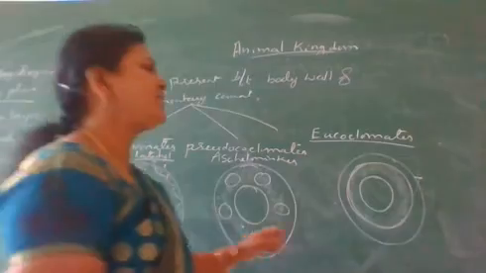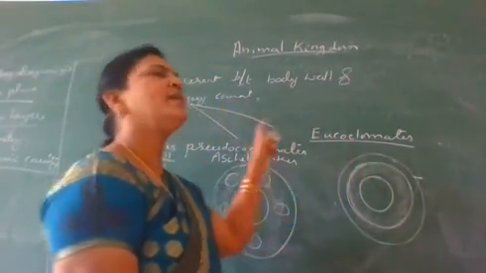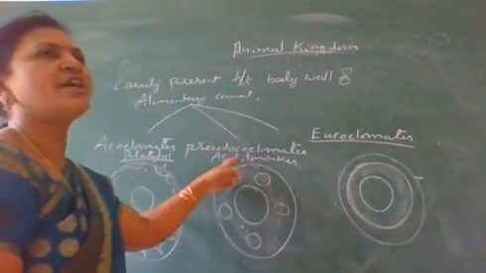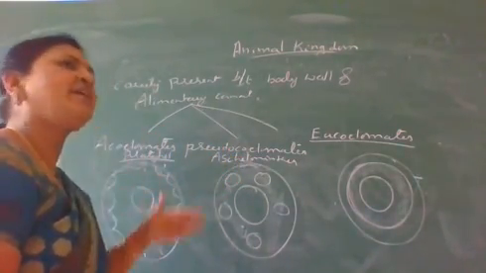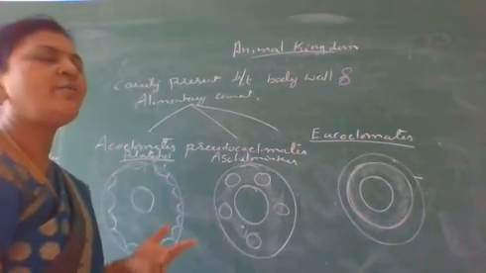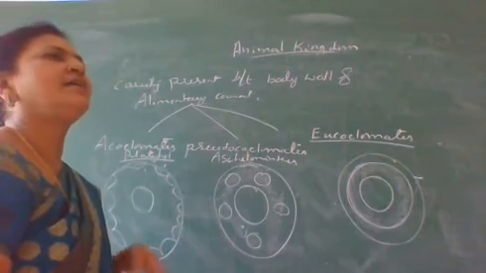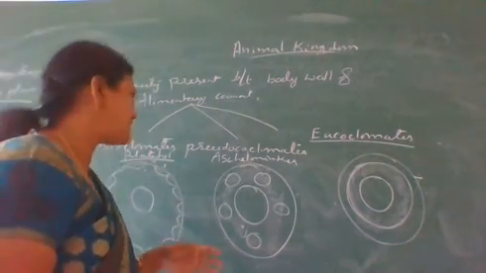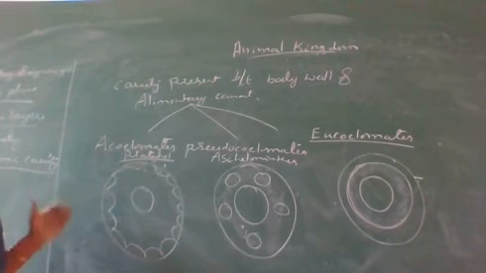Pseudocoelomates have a body cavity not lined by mesoderm, with mesoderm scattered in pouches. Acoelomates have no body cavity.